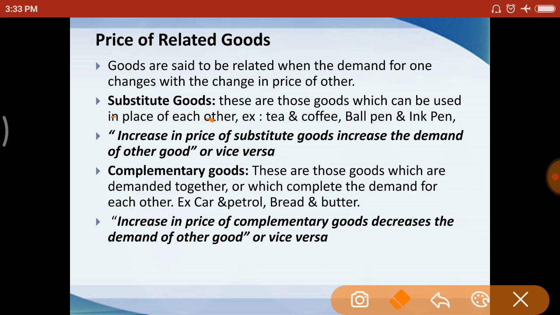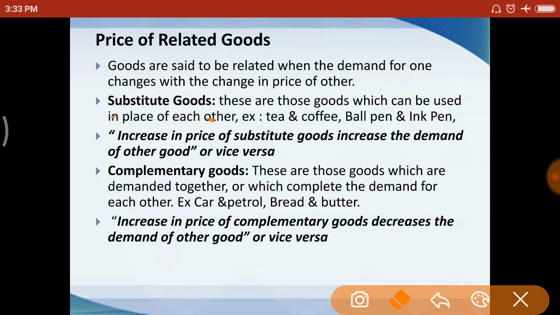Now, there is a relationship between these two substitute goods. Increase in price of substitute goods will increase the demand of other good, or vice versa. I will explain it in the coming lecture how it is happening, that increase in price of substitute increases the demand of other.